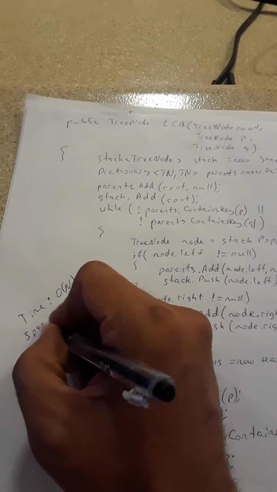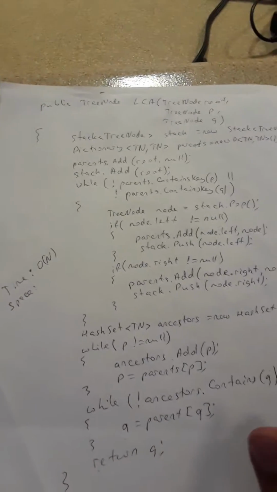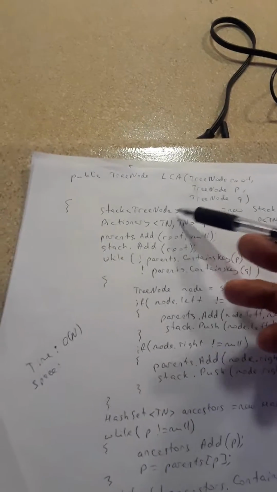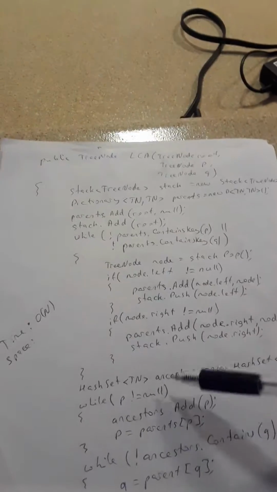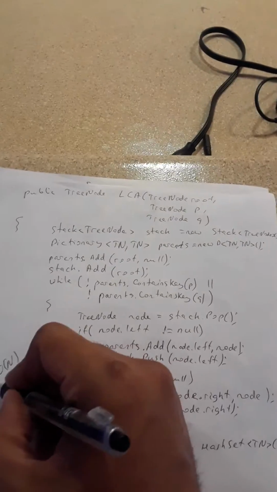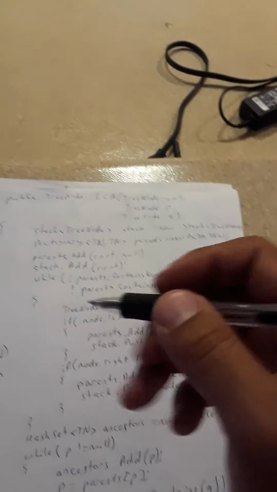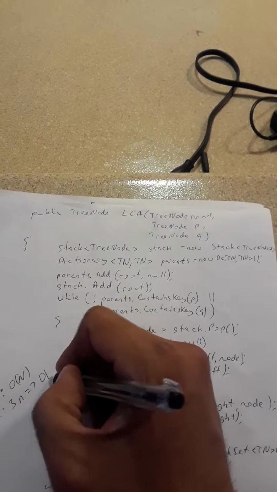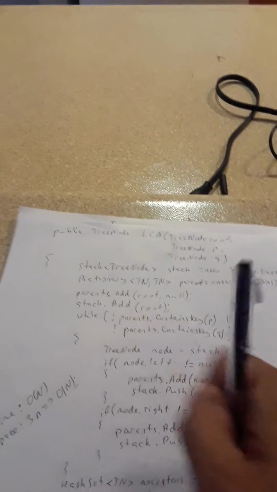And for the memory space, we declared one stack, one dictionary, one hash set, so it will be like 3n, because of 3 different data structures. And we can round it up to just order of n.